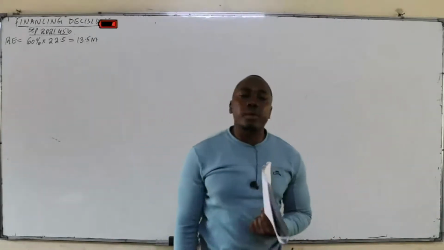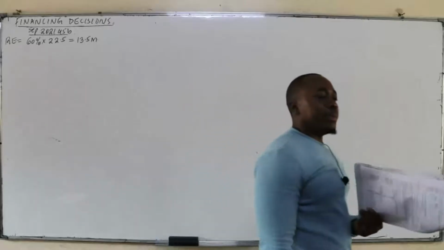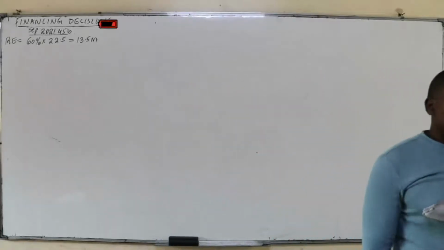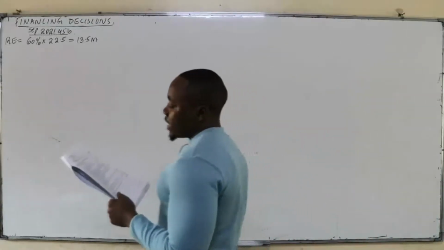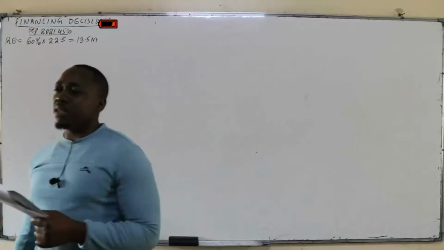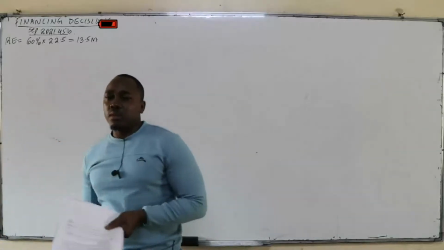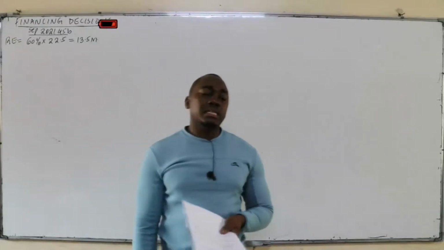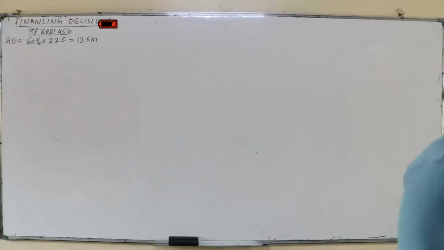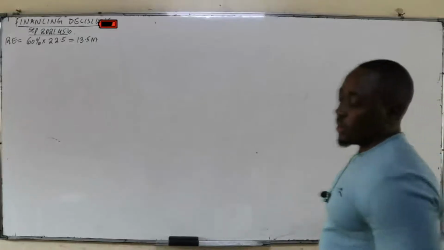Number three. The ordinary shares of the company are currently trading on the security exchange at 80 shillings per share. Now that's P0. Write that. Number four. Ordinary shareholders expect a dividend of 6. What is that? That is for the cost of equity. Write D1.